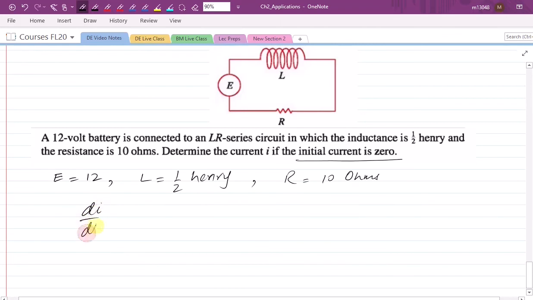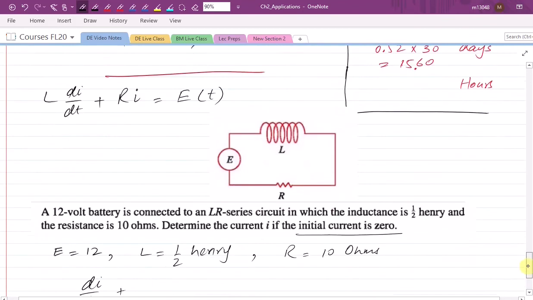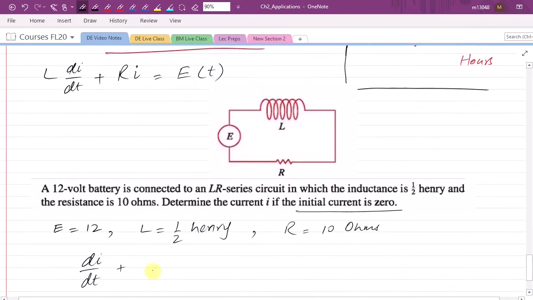L di/dt plus Ri equals E. I'll put the values directly into the equation. So this is half di/dt plus 10I equals 12.